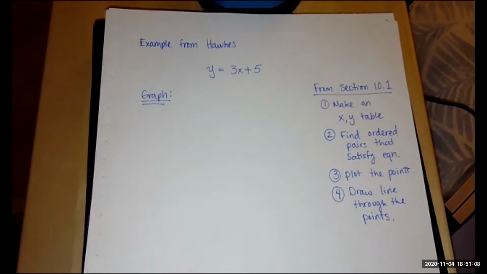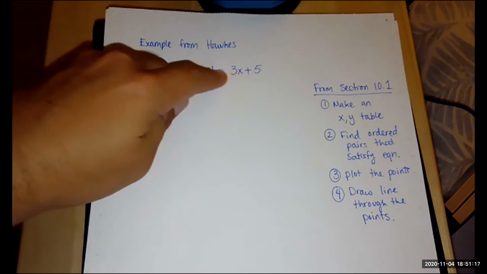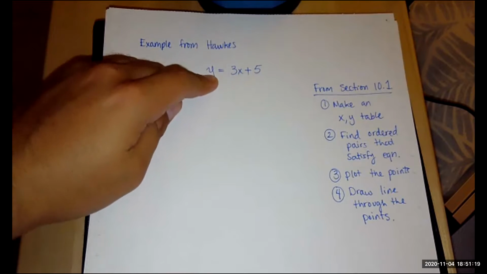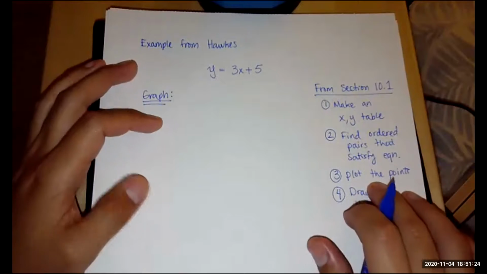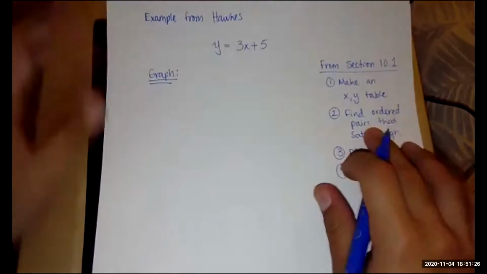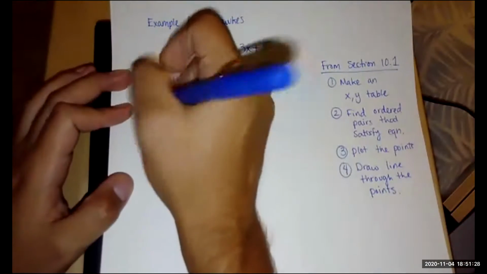And we can do it that way. But if we're given this equation in slope-intercept form, it's going to be easier to graph it than doing this process. So we could do this process, and I'll go ahead and do it that way.